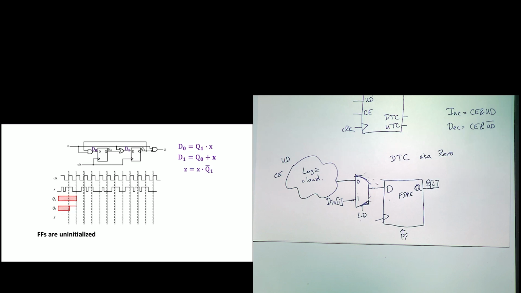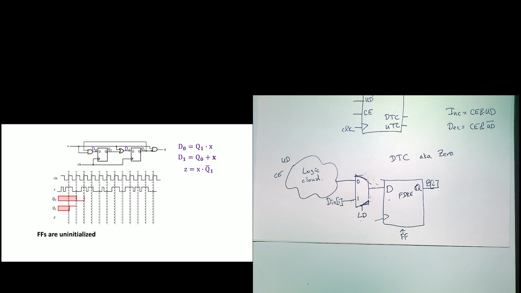What about D0 at the next clock edge? Okay, X is 0 here. It'll be 0. Okay, what about D1? X is 0. Unknown.